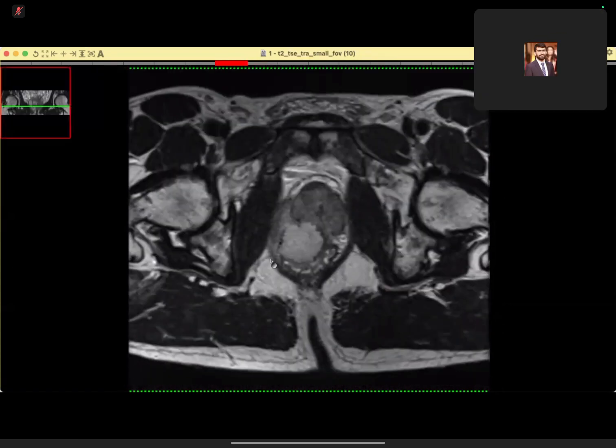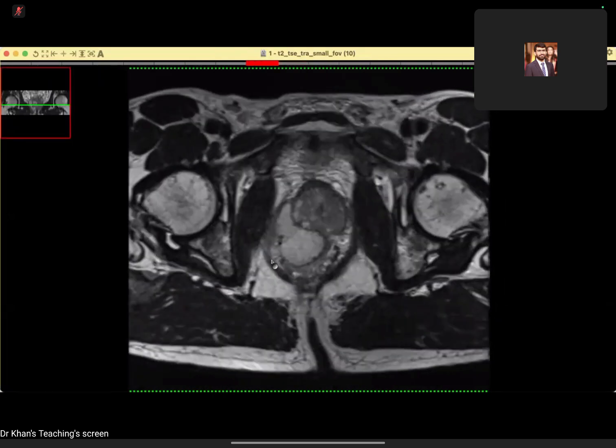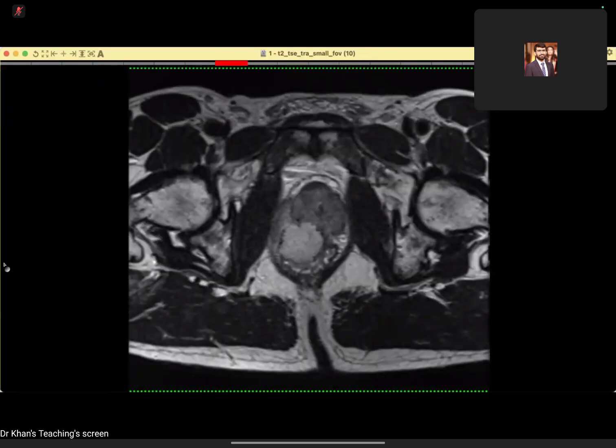So it's an inflammatory lesion and it's a prostatic abscess, which is T2 hyperintense and shows diffusion restriction. It's a prostatic abscess which corresponds with the history of fever, and there are significant fat strandings along the periphery of the lesion.